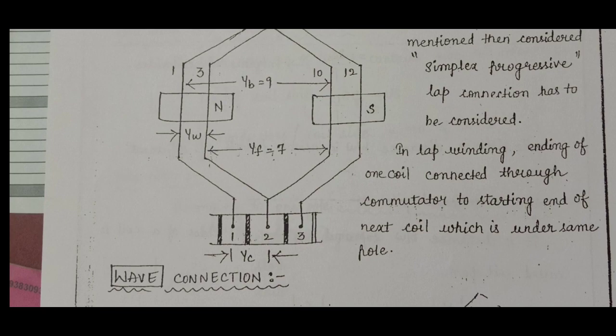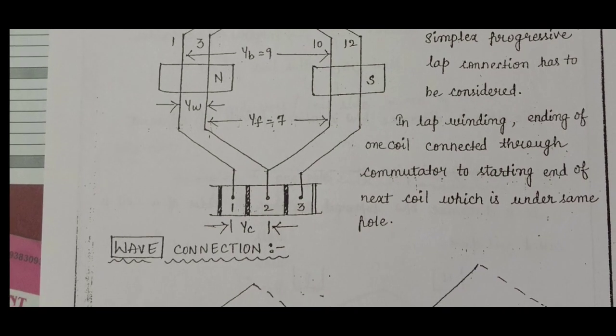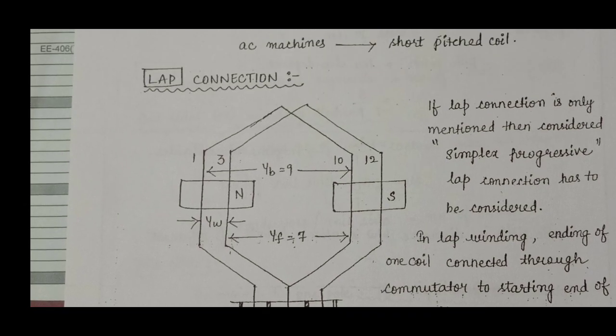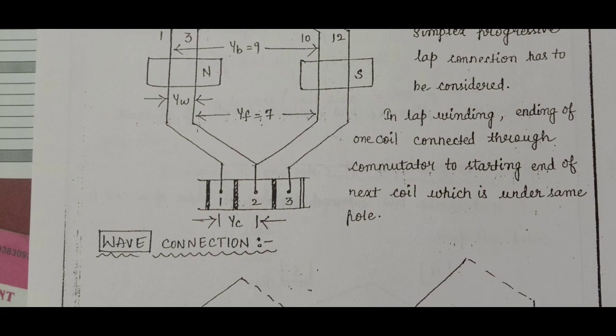In figure, the conductor 3 is the beginning end of the next coil. So the ending end of the first coil is connected to the beginning end of the next coil, which is under the same pole. We should remember that connection under the same pole is called lap connection.